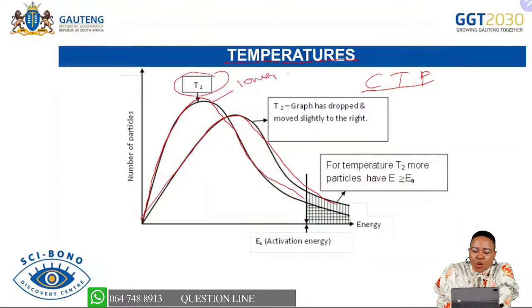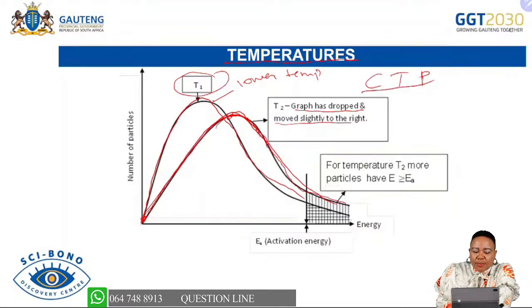This one represents a lower temperature. However, graph T2 represents a higher temperature. So you can see that both graphs start at the same point. However, as we increase the temperature, the graph will be lower than the first one, and they intersect with one another. And after intersecting, we'll have more particles with sufficient energy that is greater than or equal to activation energy.